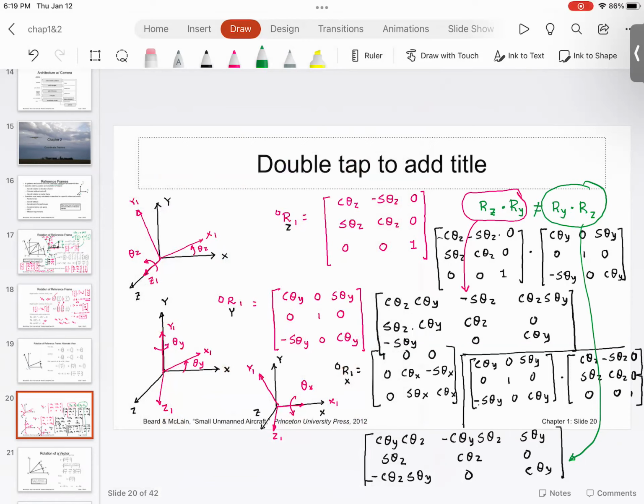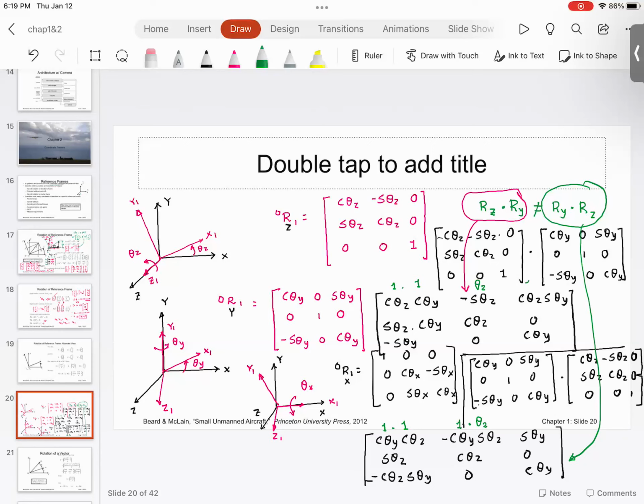So let's compare cosine theta z, cosine theta y. For small values, this term becomes 1. For small values, this term becomes 1. Do you agree with me? For small values, the cosine theta y term becomes 1. Sine theta z becomes theta z.